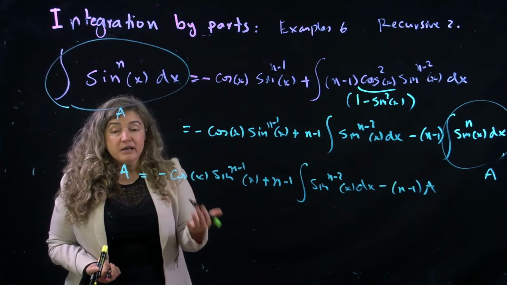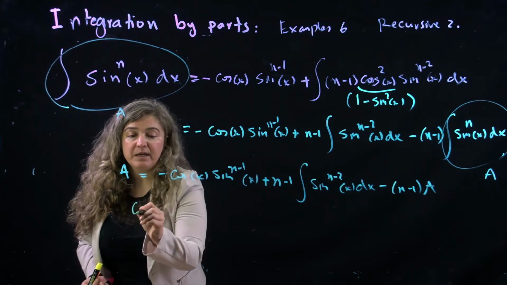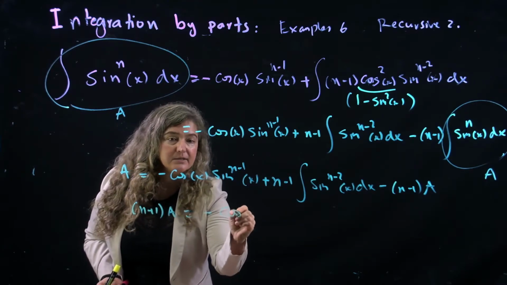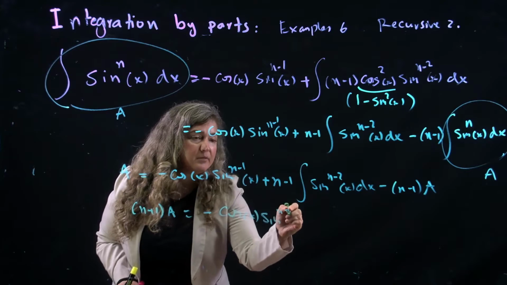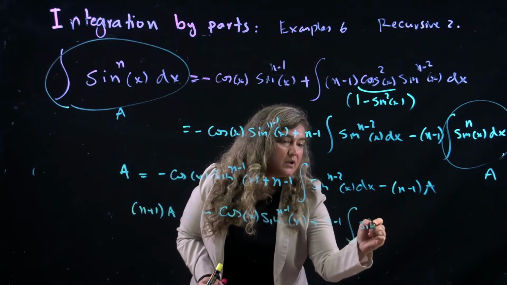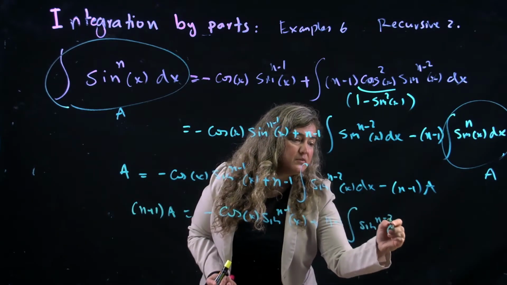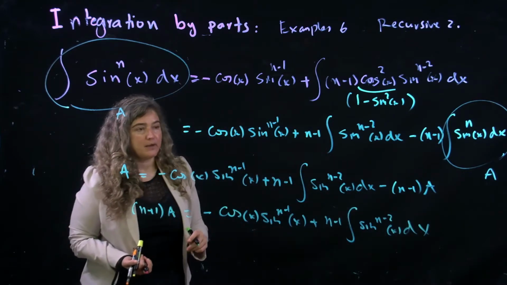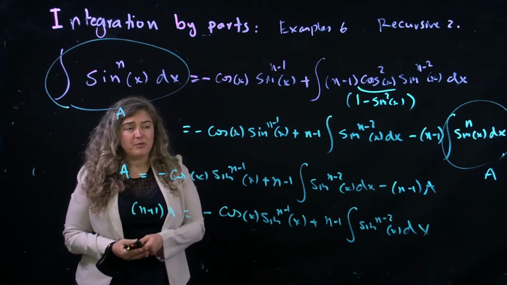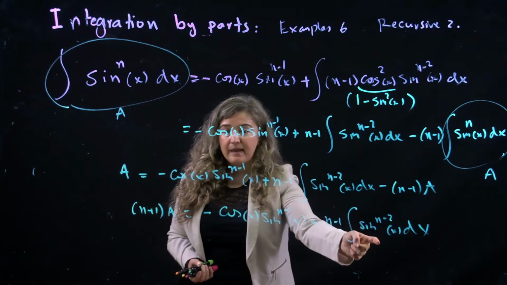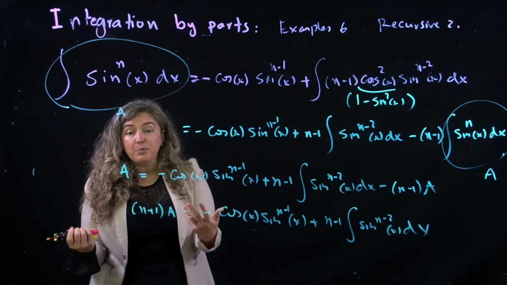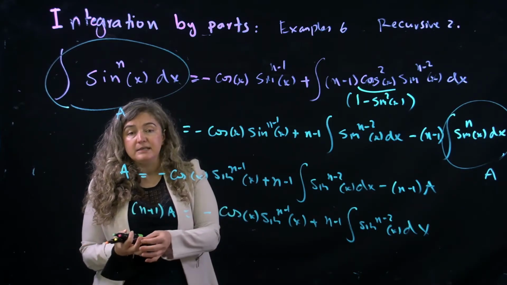It would be n minus 1 times a plus a, so n times a is equal to whatever else you have: negative cosine of x sine to the n minus 1 of x plus n minus 1 times the integral of sine to the power n minus 2 of x dx, right? Okay. Now, that did not solve my problem a whole lot. I still have that integral sitting right there. But it made it a little easier because the exponent decreased by 2.